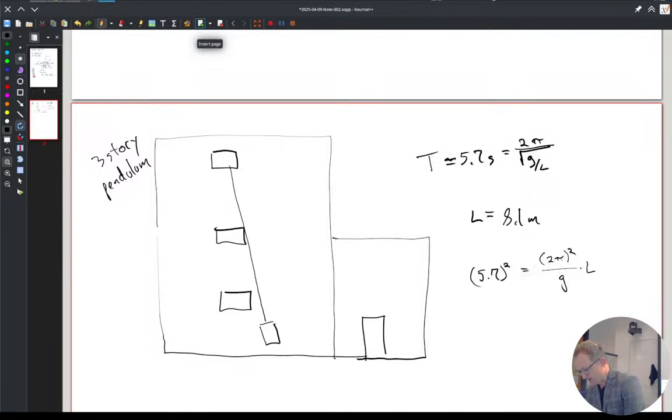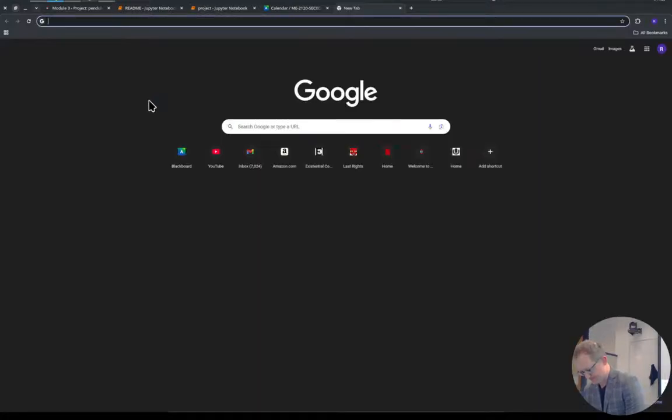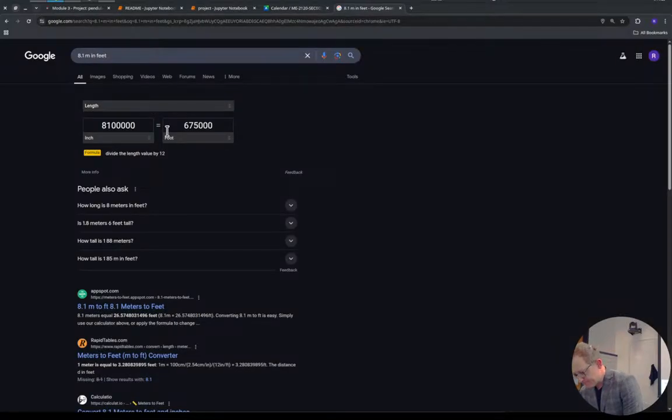So what is 8.1 in feet? Because I got it in feet. Oh, meters. 26.57 feet. 26.5, which is about right for 2.5 stories. 26.57.